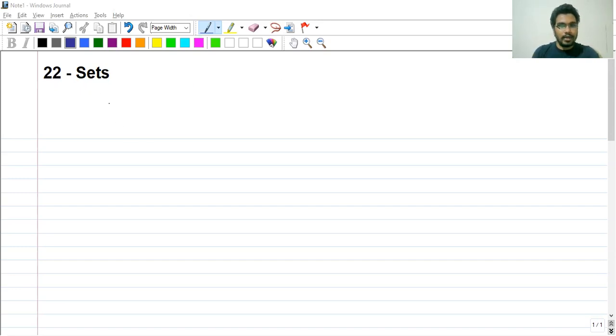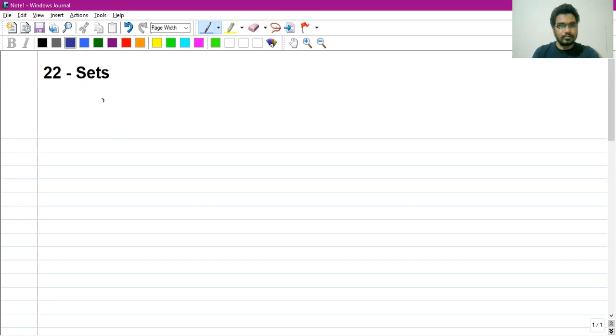If I write a set of even numbers between 0 and 11, I can write 2, 4, 6, 8, and 10. So this is the set of even numbers between 0 and 10.